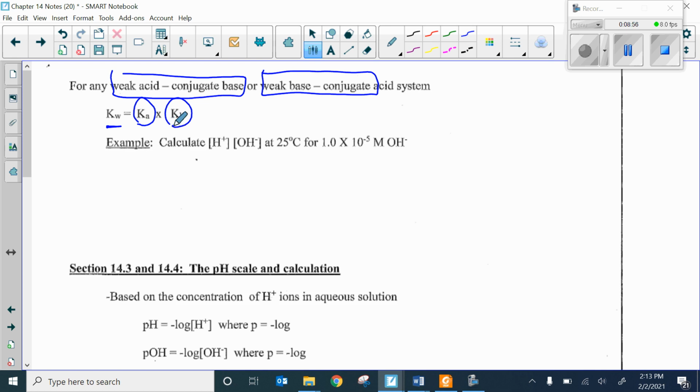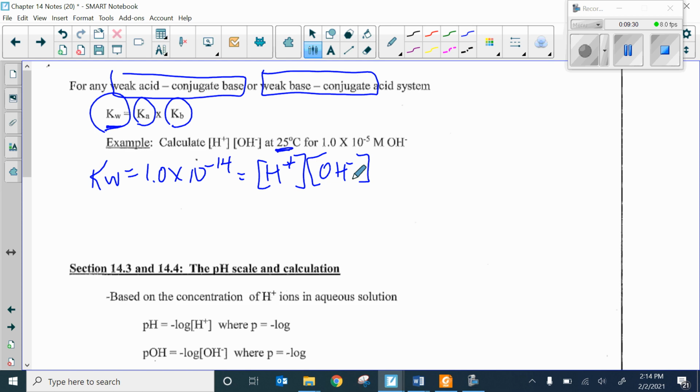So here's our example. We want to calculate the hydrogen ion concentration. Remember, that's how we read that, hydrogen ion concentration, given the hydroxide ion concentration at 25 degrees Celsius. So that means that I can use my Kw constant, and they gave us the concentration of the hydroxide ion. Remember that our Kw is equal to 1.0 times 10 to the negative 14th. Check this out on your AP sheet. That is also there, but it doesn't say what it's for, so you have to know when to use it.